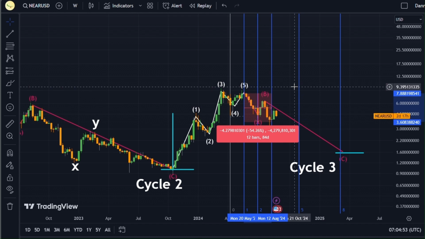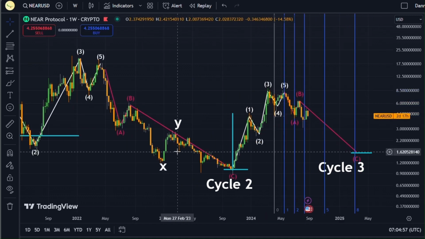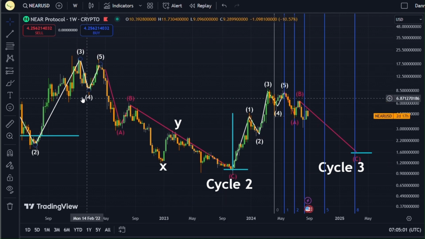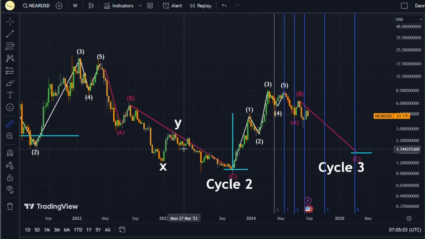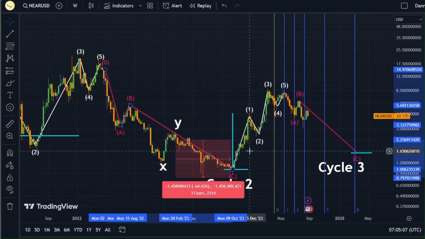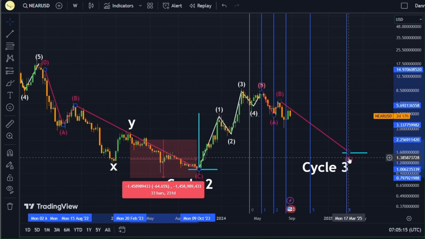So the number of bars is drastically reduced. That simply suggests that whenever the minima happens, for example from the Y point to the C point, which took a long time period of 231 days or 33 bars, it will not take this much time in the second cycle.